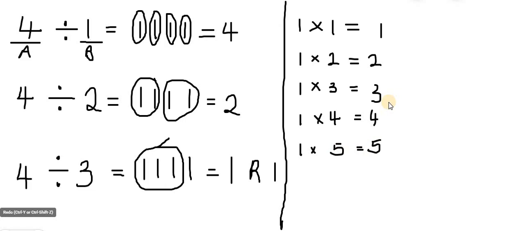Now, we're going to call this column our C column, this column the D column, and this column the E column. To solve 4 divided by 1, the first thing we did was create a multiplication table for 1.